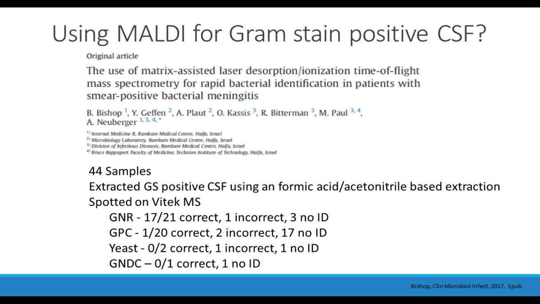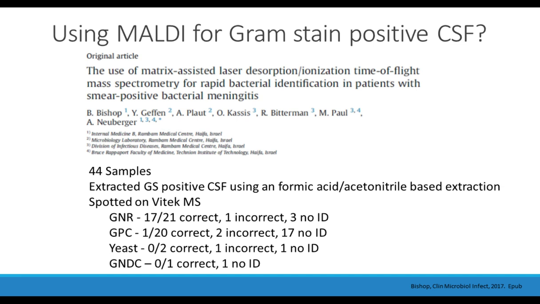What you see is that for gram-negative rods, it actually wasn't too bad. 17 out of 21 gram-negative rods were correct. There was one incorrect identification and 3 no identifications. For other gram stain reactions, other organism groups, gram-positive cocci, yeasts, it just was not a great test.